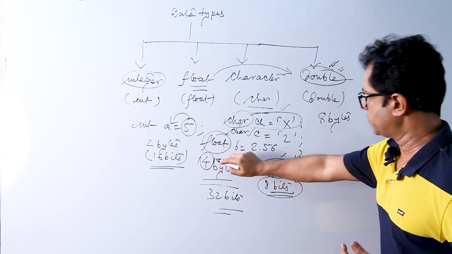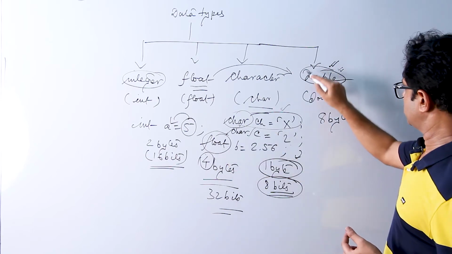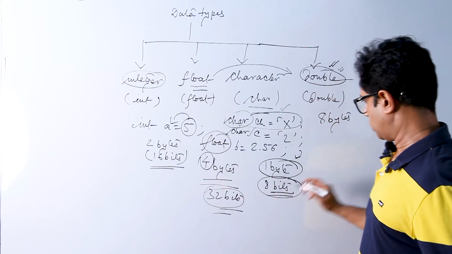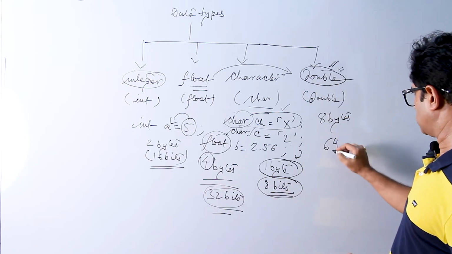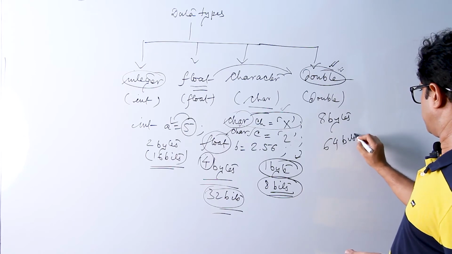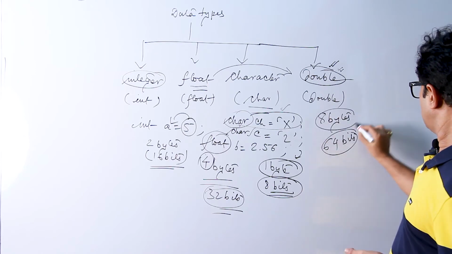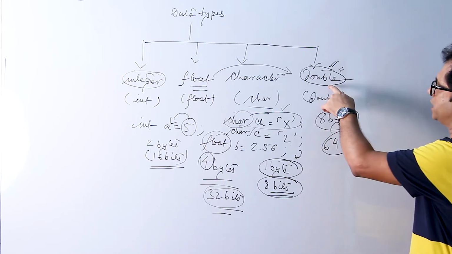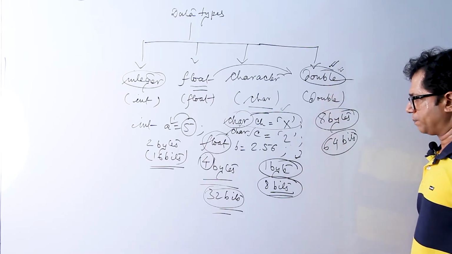That is just the double of 4. That is the reason why it is called double. And the 32 bits also become double, that is 8 into 8, 64 bits. So this is the memory occupation in terms of bytes or bits in the case of the double data type.